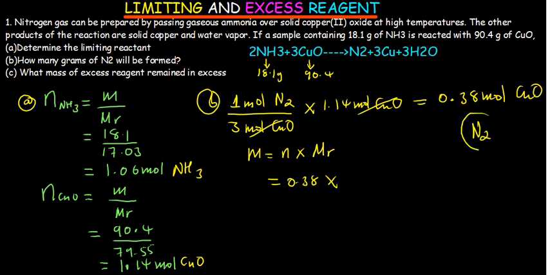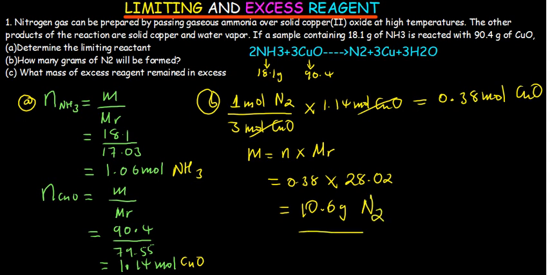Determining the molar mass, the value that is on the periodic table, we're going to multiply it by 2 because we're talking of a nitrogen molecule, not a nitrogen atom. And that is going to give us 28.02. So the mass of nitrogen that we're going to determine is 10.6 grams. This is the amount of nitrogen that is going to be produced in this chemical reaction.